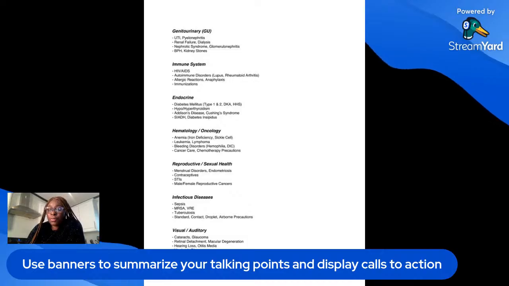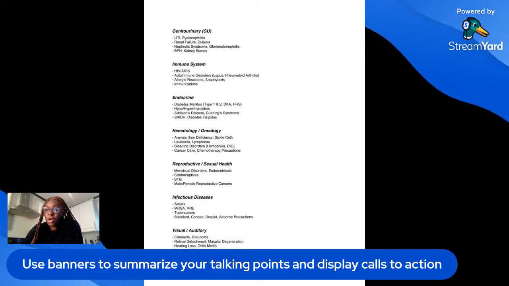So for pediatric, like I said, we have growth and developmental milestones, congenital heart defects, and respiratory conditions that can include croup, RSV, and asthma. For kids, we have gastrointestinal, pyloric stenosis and intussusception. Infectious diseases for kids, we have measles, mumps, and varicella, and pediatric pain.